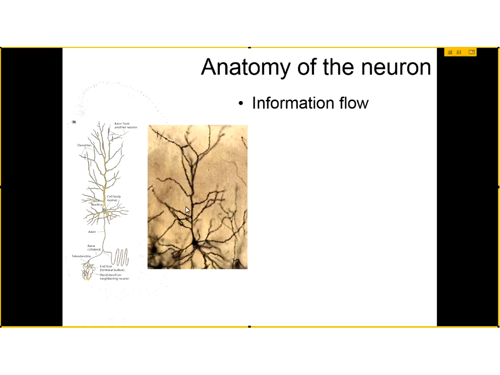This is a Golgi stain that we kind of talked about, that Golgi developed and then Cajal refined to support his idea of the neuron doctrine. So here we can see that there are these little bumps. Those are all areas where we're having some synapses occurring, or places where one neuron is in close contact with another neuron.